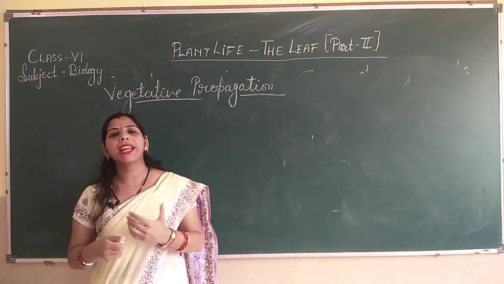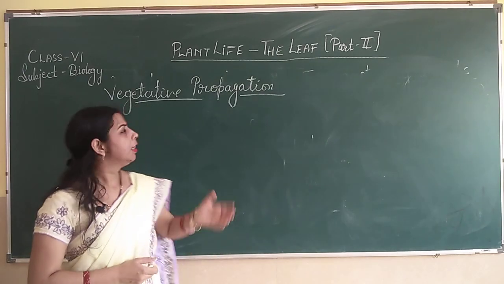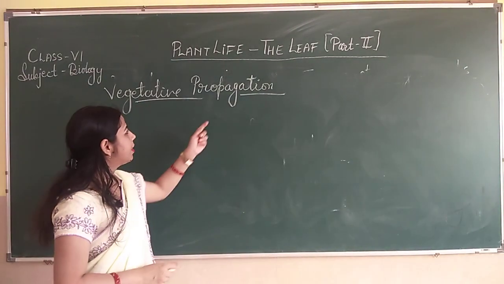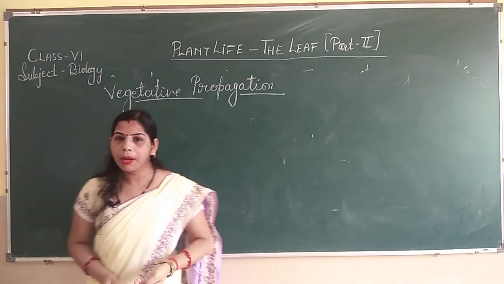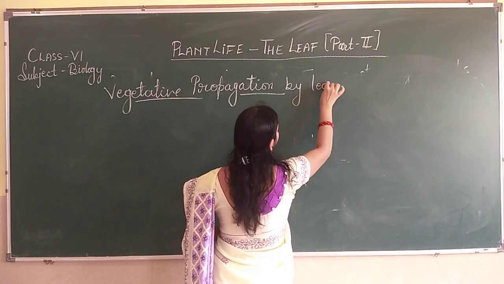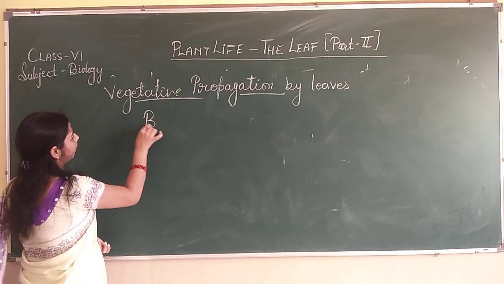It is the multiplication of plants by different parts of the plant, whether it is stem, root or leaf. So we will study vegetative propagation by leaves. The example is bryophyllum.